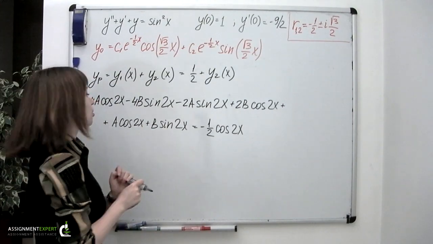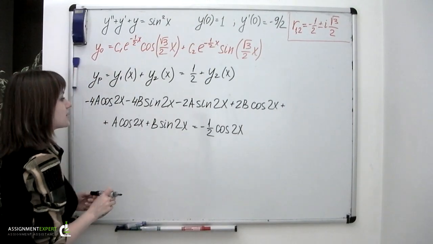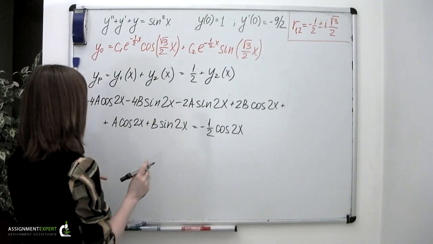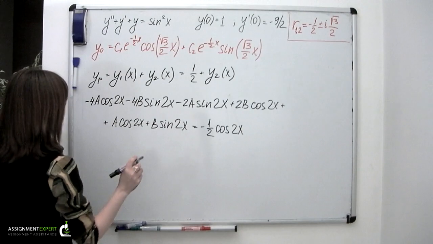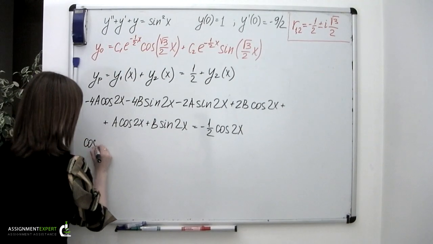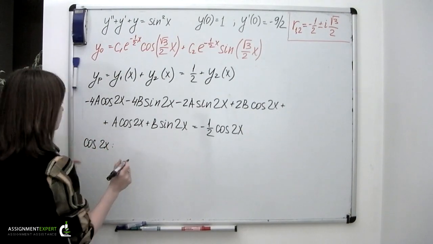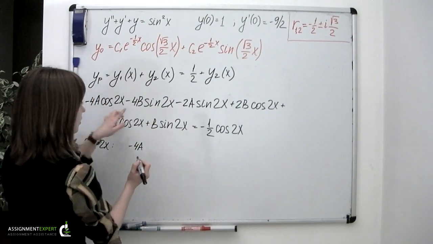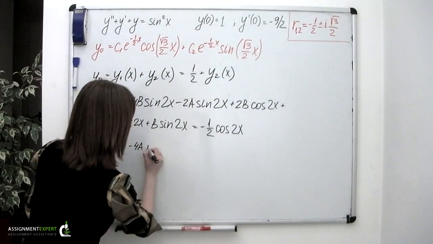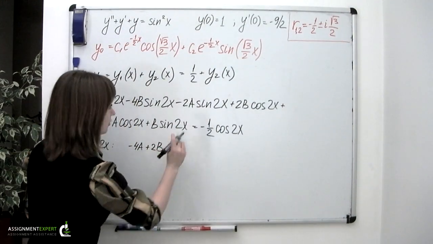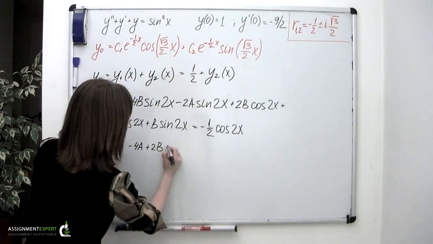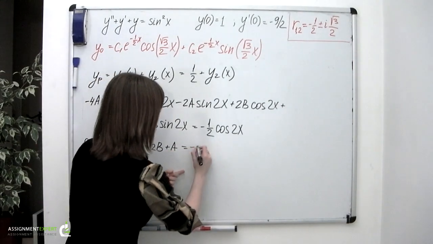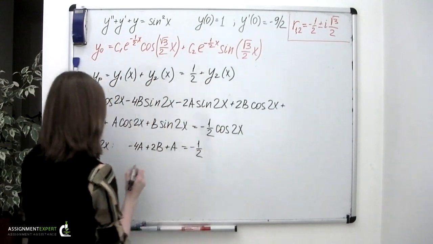Let's now consider the coefficients standing next to the cosine and sine functions on both sides of this equation. Next to the cosine of 2x, we have negative 4a plus 2b and plus a, and it's equal to negative 1/2.